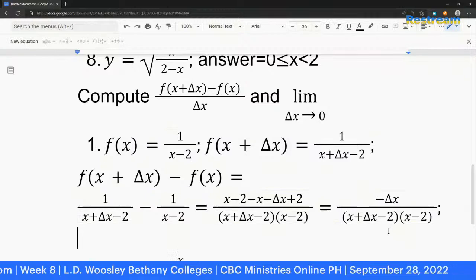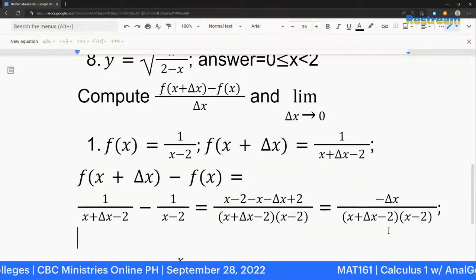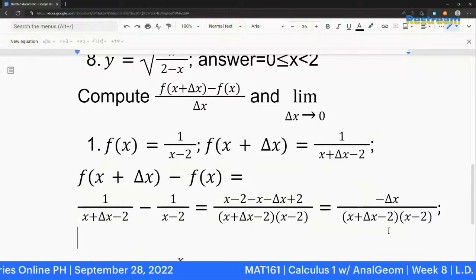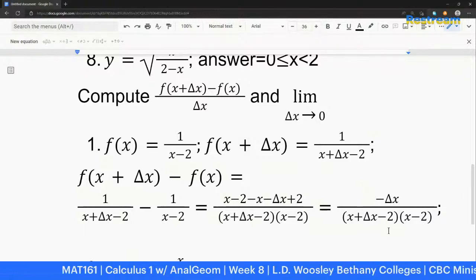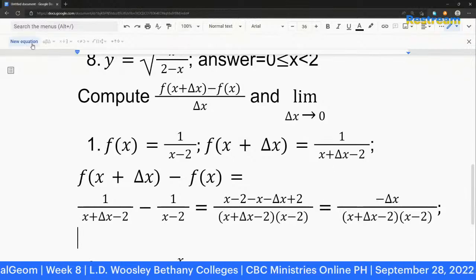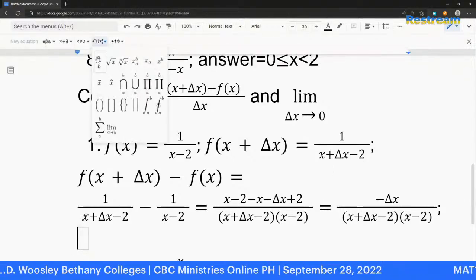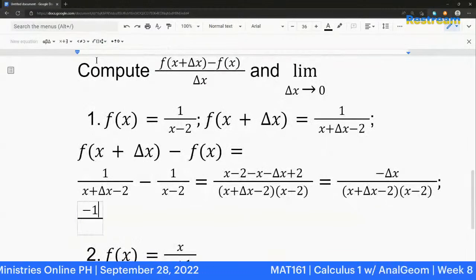As x approaches 0, imagine yung delta x, dinivide ko ng delta x, so 1 na yan. Negative 1 all over x plus delta x minus 2 times the quantity x minus 2. As x approaches 0, what's the final answer? Negative 1 all over.